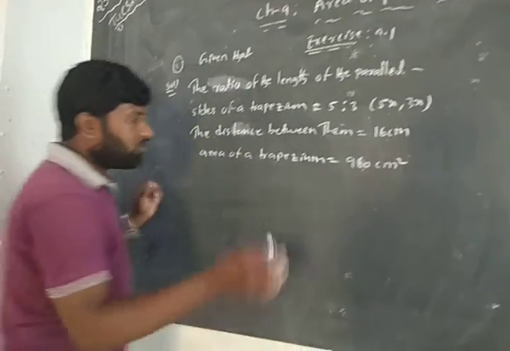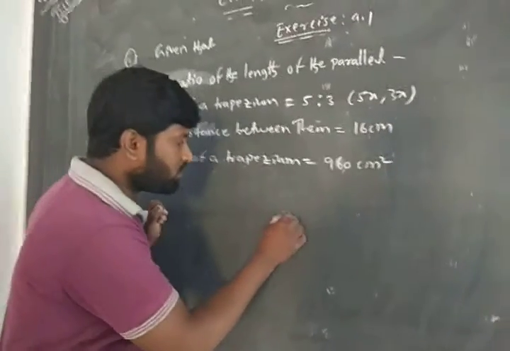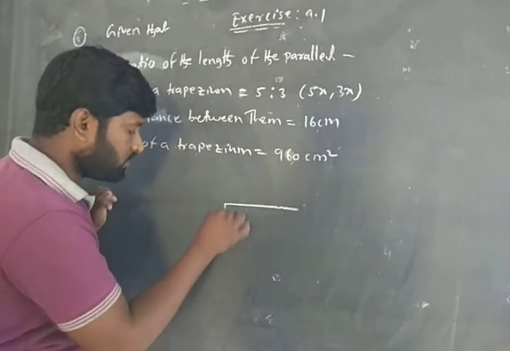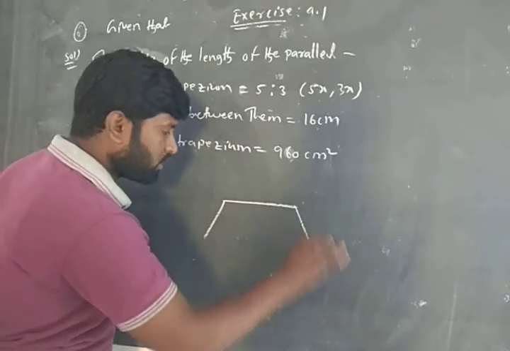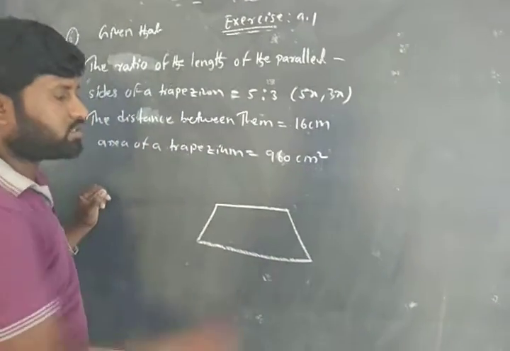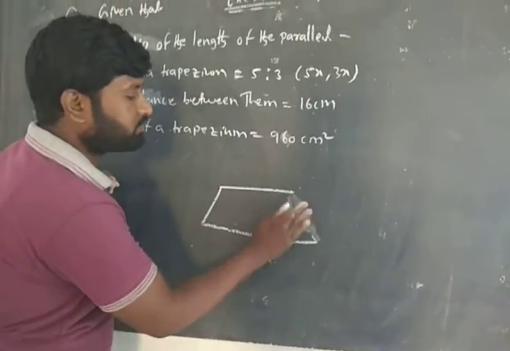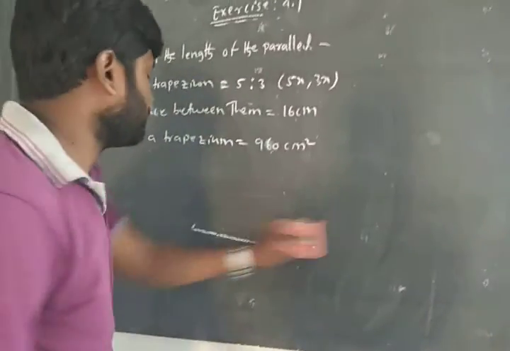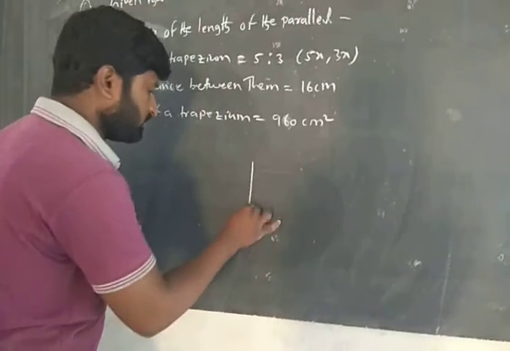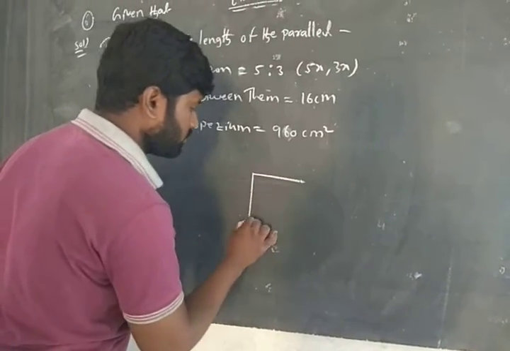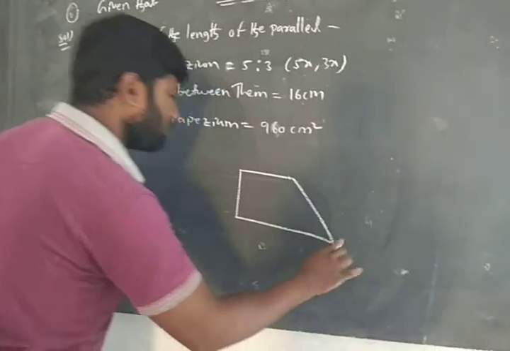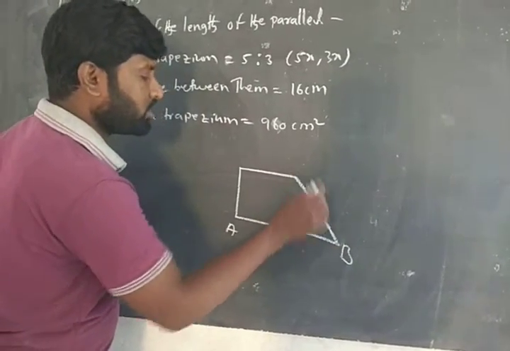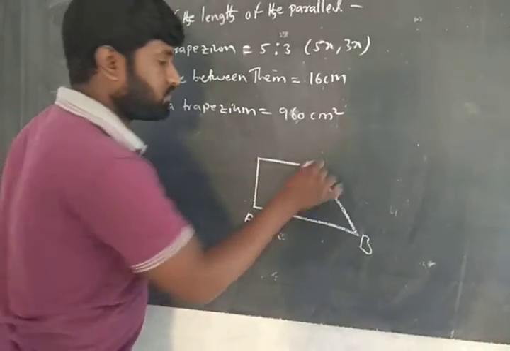Now for your understanding, I am going to draw the figure. This is a parallelogram, you can take it like this, one pair of parallel sides. Sorry, it is a trapezium.